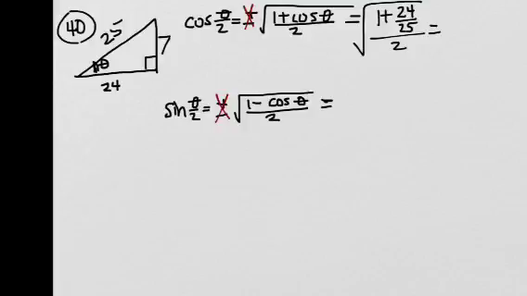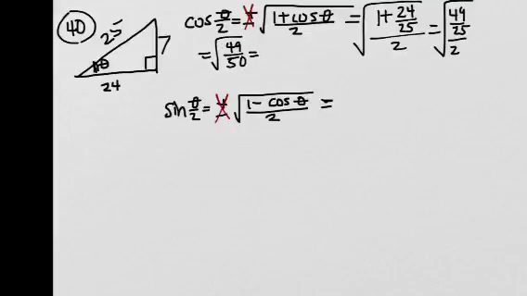So this is going to give you 1 plus 24 over 25, which is 49 over 25 divided by 2, and it's still all in the radical. When you multiply top and bottom by 2 to get rid of the fraction within a fraction, this ends up being 49 over 50, again in the radical.